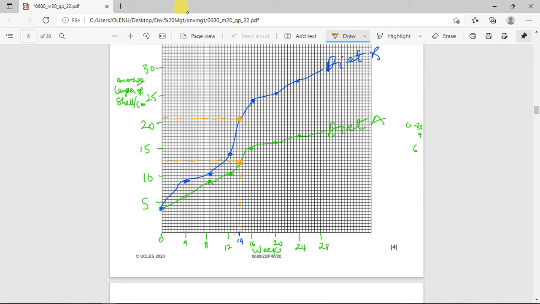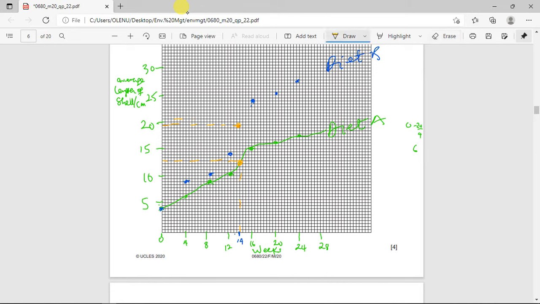Let me see, it touches it here, sorry, not here. So this is around somewhere here. This is below the value of 20. It's not above 20, sorry about that.